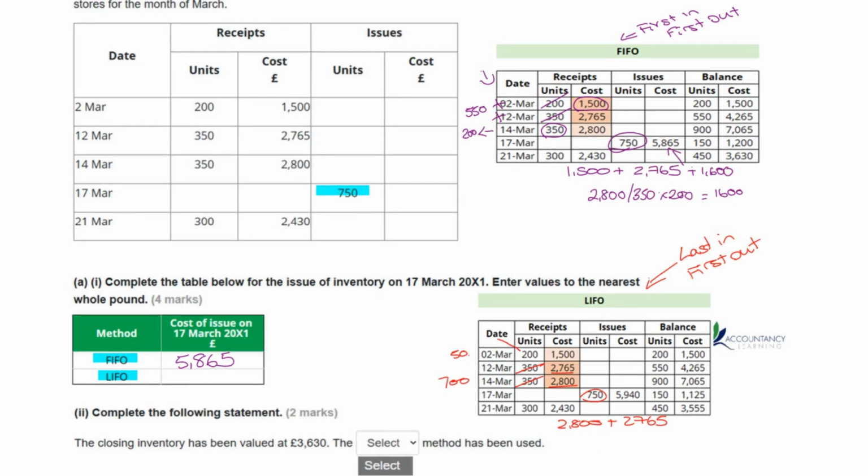And then again for this one, we'll do the 1,500, divide that by the 200 units and multiply by the 50 we need to make the 750 issues, which then gives us 375. And when you add all those together, you get 5,940 as the cost of issue under LIFO.